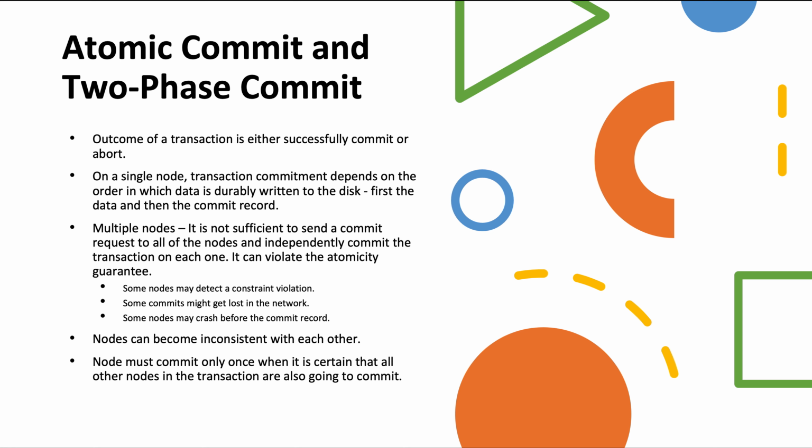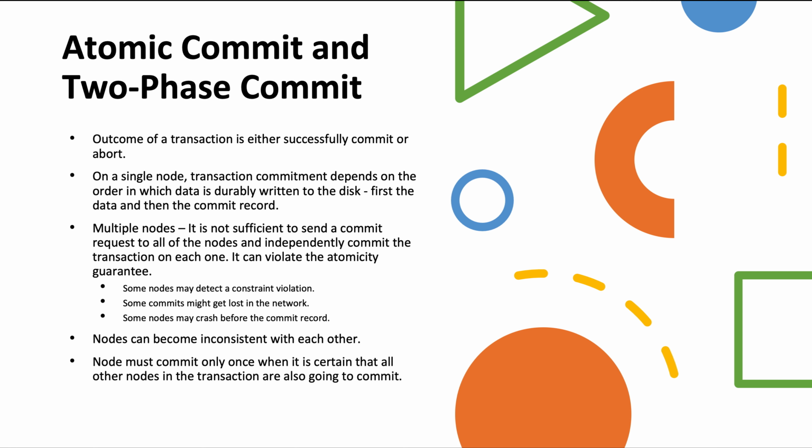When the client asks the database node to commit the transaction, the database makes the transaction's writes durable and then appends a commit record to the log on disk. If the database crashes in the middle of this process, the transaction is recovered from the log when the node restarts. If the commit record was successfully written to disk before the crash, the transaction is considered committed, otherwise it is rolled back.